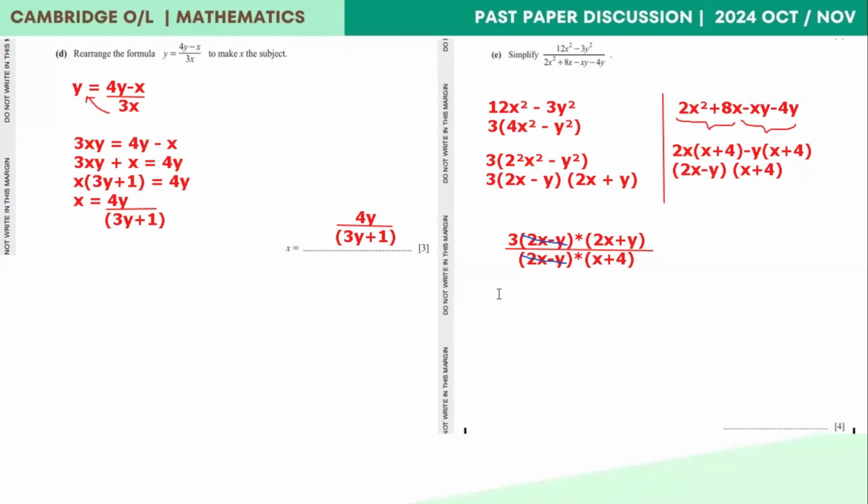So our final answer will be equal to 3 times 2x plus y over x plus 4. That's our final answer.